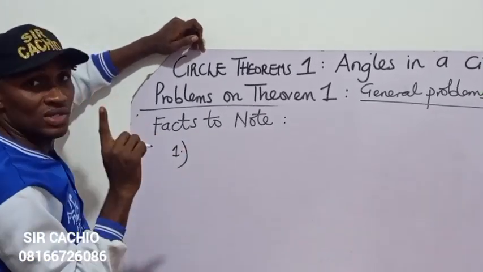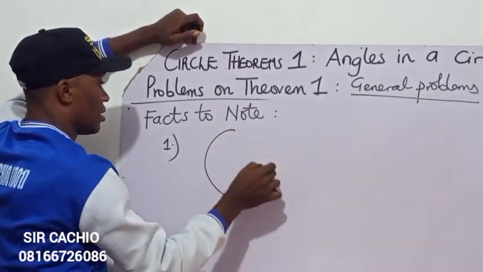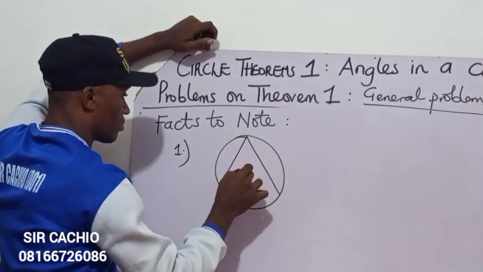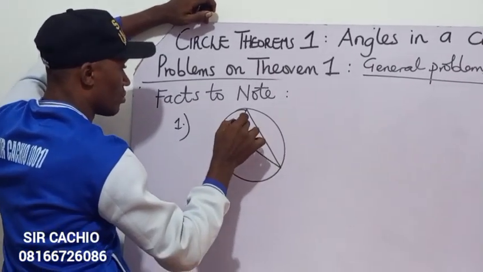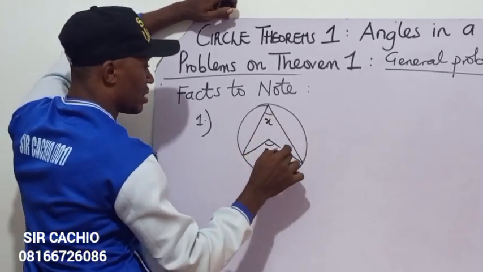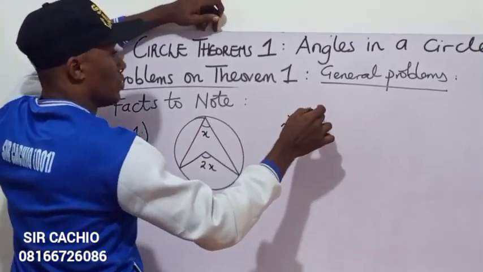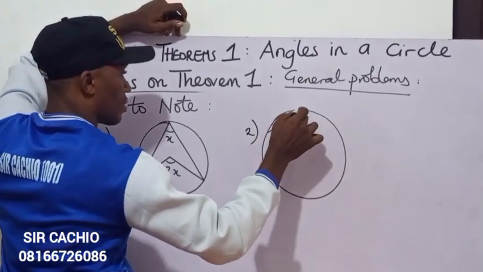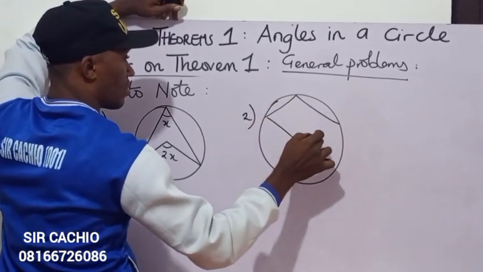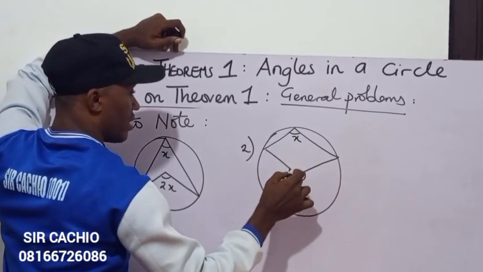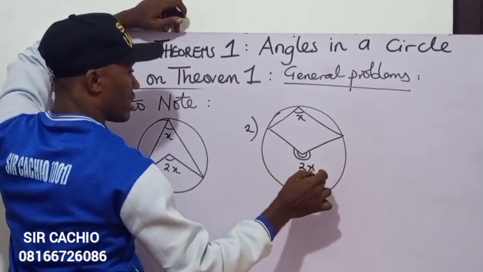In this theorem 1, we have case 1, which says that like this. If here is x, there will be 2x. We have case 2. If here is x, outside here will be 2x.